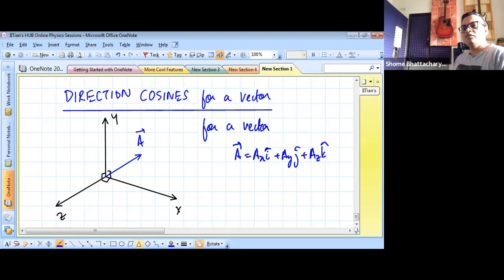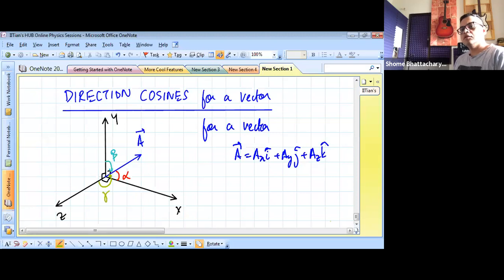If the angle it makes with the x-axis directly is denoted by alpha, the angle it makes with the y-axis is denoted by beta, and the angle it makes with the z-axis is denoted by gamma.